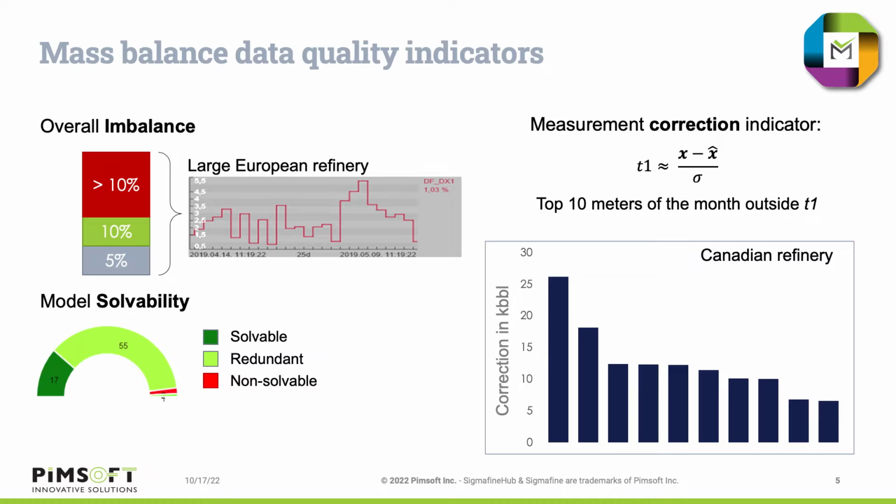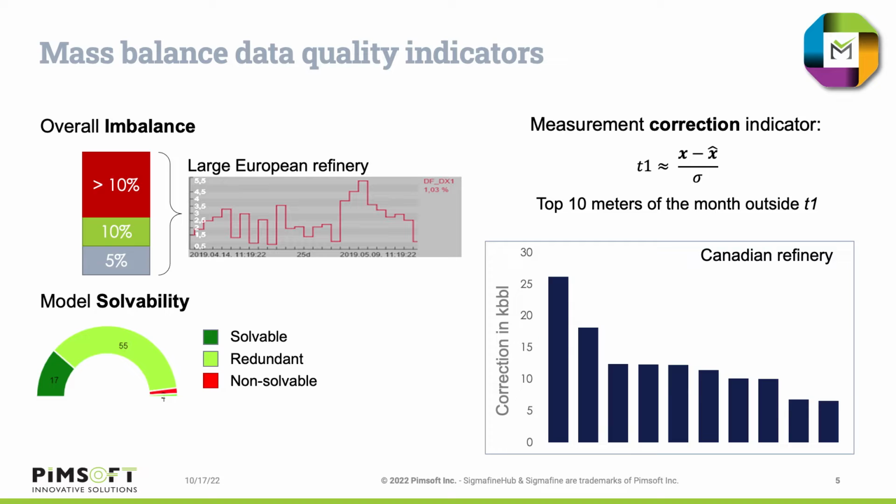You also see a gauge here, which is an indicator of model solvability. This really gives an indication of the extent of poor values in the model. You see a dark green part, which denotes solvable, a light green part, which denotes redundant, and a red part that denotes non-solvable.